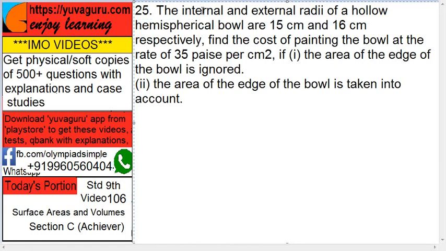The internal and external radii of a hollow hemispherical ball are 15 cm and 16 cm respectively. Find the cost of painting the ball at the rate of 35 paise per square centimeter, first if the area of the edge of the ball is ignored, and second if the area of the edge of the ball is taken into account.